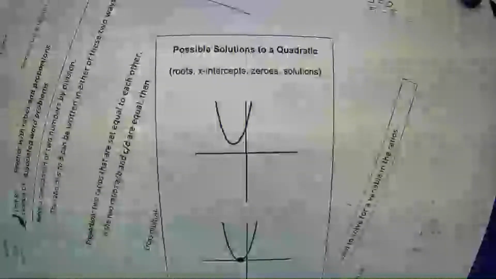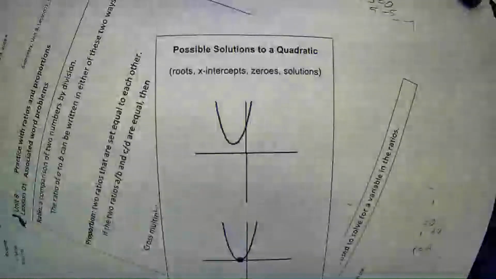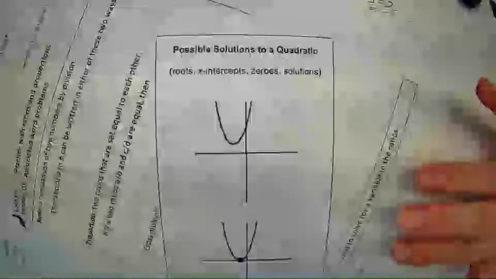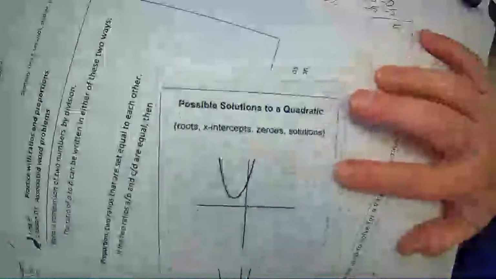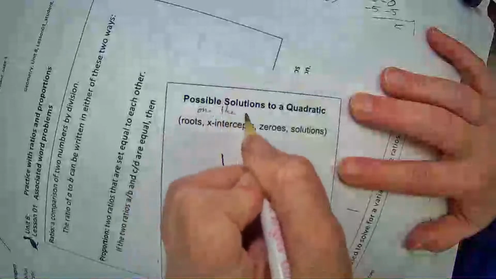Okay, so set that aside. Now, it says where or what are the possible solutions to a quadratic? Okay, any solution to a quadratic is on the x-axis.